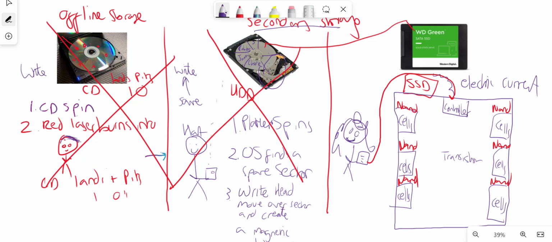That controller will find a cell which is free, a NAND cell which is available. It will then pass it to a transistor. The transistor will then put it into a cell by turning it to 0 or 1.